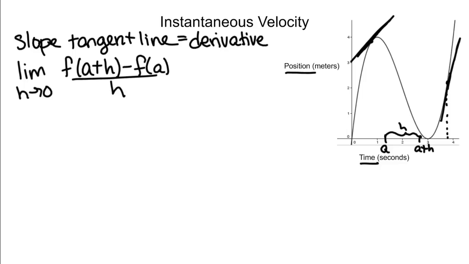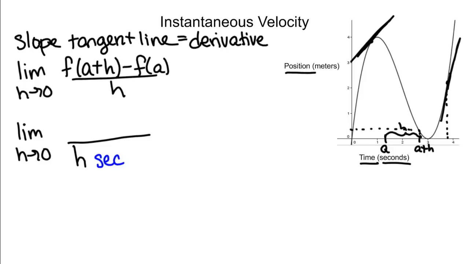So our h has units. Let's write this out with units. So h is a distance in seconds. And f of a plus h is the y value that matches up over here. So f of a plus h has units in meters.